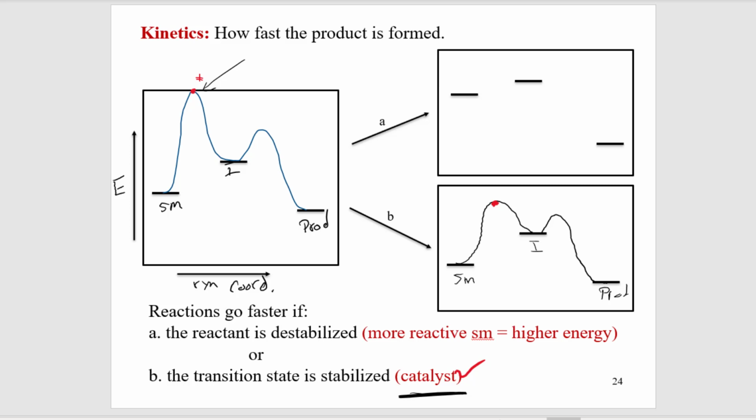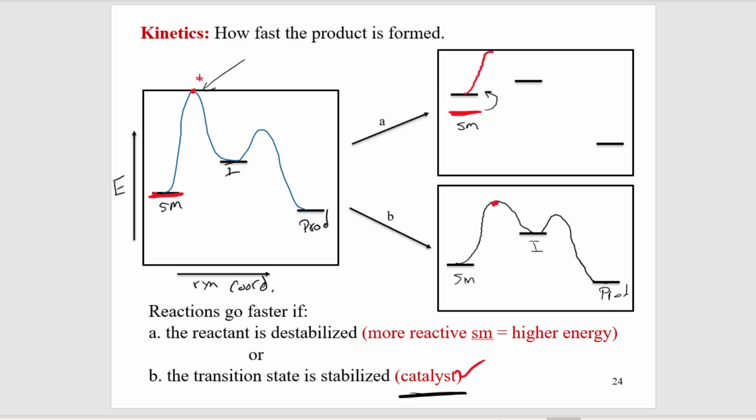Or I could destabilize the starting material, meaning I could do something to the starting material or start with a different starting material. So instead of the starting material being here, I change my starting material into a different species so that it's higher in energy. So I start with something much less stable. And then I don't have such a big hill to climb, right?